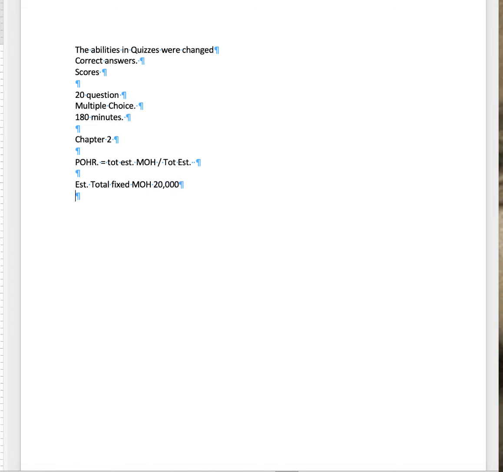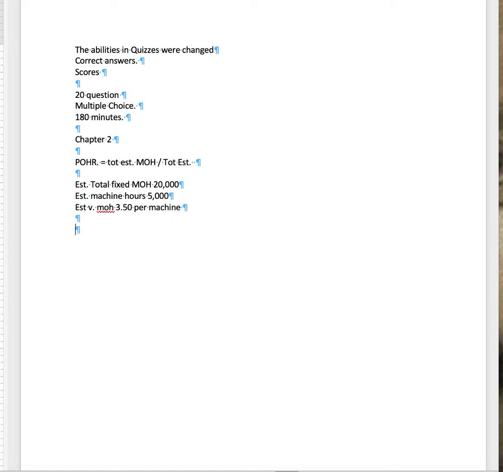They may say that, hey, estimated machine hours or labor hours, whatever, estimated machine hours are 5,000. Okay, and then they may say, oh, by the way, estimated variable MOH is $3.50 per machine hour.